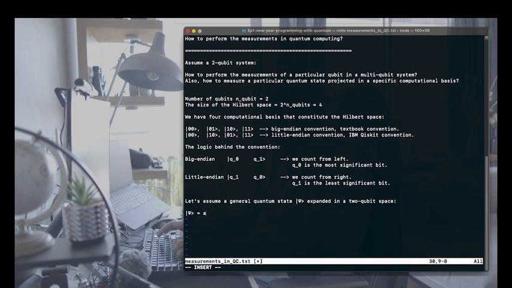So we'll have ket psi equal to A00 ket 00 plus A01 ket 01 plus A10 ket 10 plus A11 ket 11.